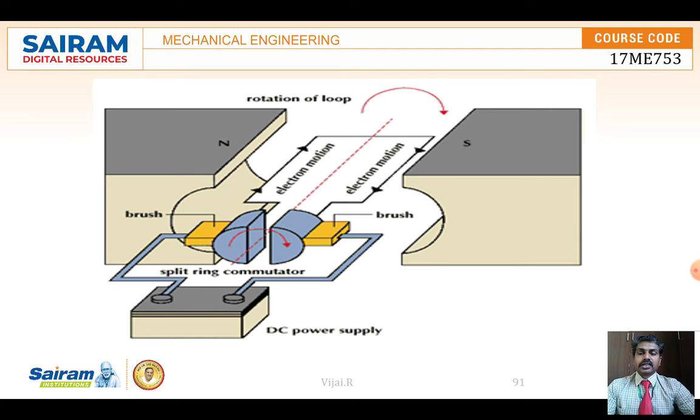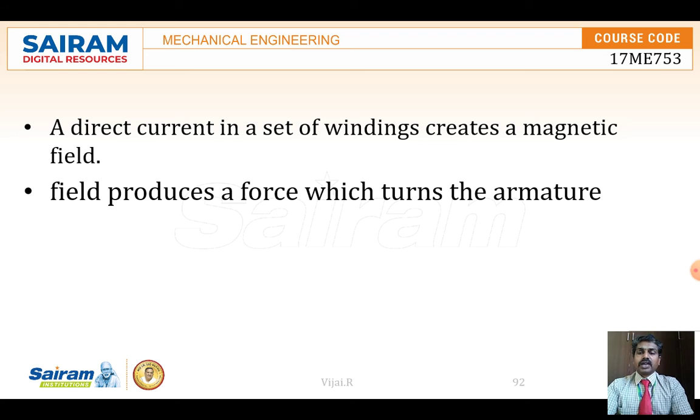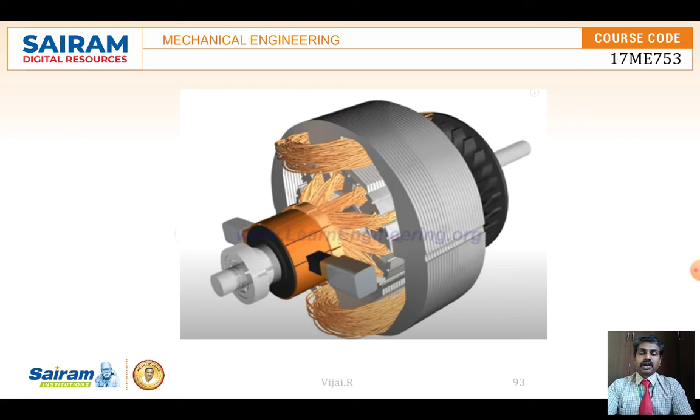When the electrons flow from one end to the other, the current passes through the conductor kept between the two magnetic sources. Automatically it starts to rotate because of the EMF produced. So direct current in a set of windings creates a magnetic field, which makes the armature rotate.